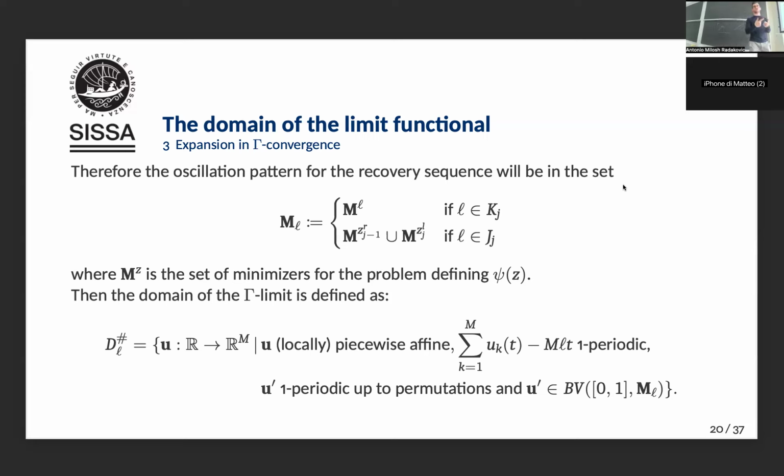And as the oscillations are n periodic, we need n values to define those oscillations. And indeed, the derivative will exactly represent the slopes of the oscillations. And we will see that then those oscillations must belong to some optimal sets. And the function will be piecewise constant, except for a finite amount of jumps. And there will also be some periodicity condition as before.